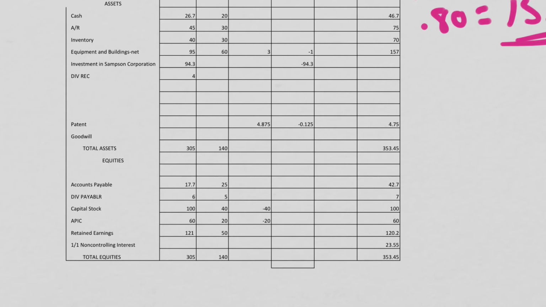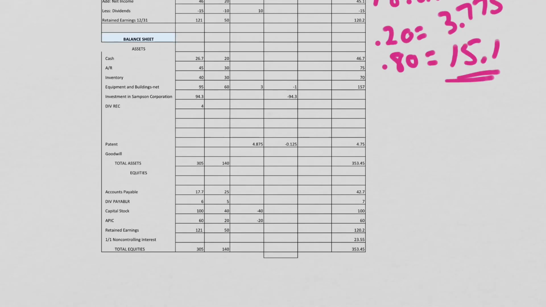The other way to do it is the shortcut method, which is you take the investment shown on the books of the parent and divide it by the percentage ownership, which in this case is 0.8. Then you get the total of what the investment should be at the year end, and then take the difference between what you got here, and you would get the non-controlling interest portion that belongs down here.